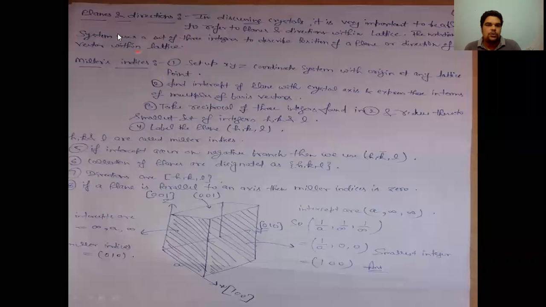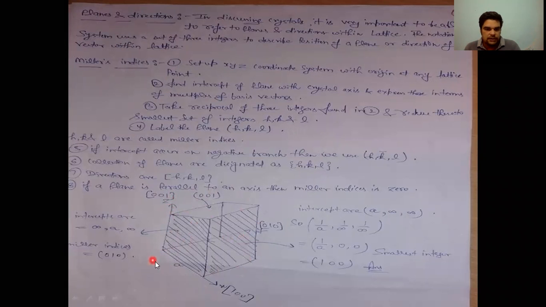So how to get the Miller indices? First of all, we need to set up a coordinate system with origin at the lattice point. Here in this example, you can see that the coordinate system is set up. This is a cubic lattice.